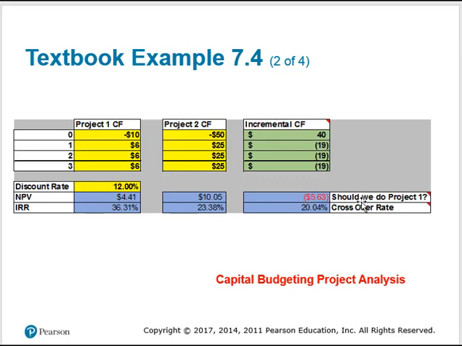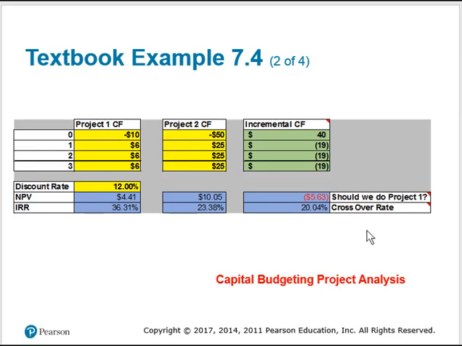To find the net present value is -5.63. Should you do project 1? Well, since the change is negative, you shouldn't do 1, you should do 2.